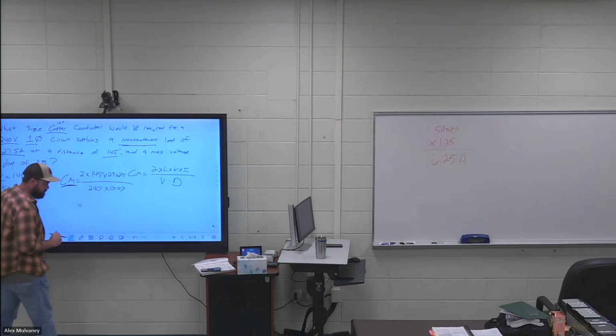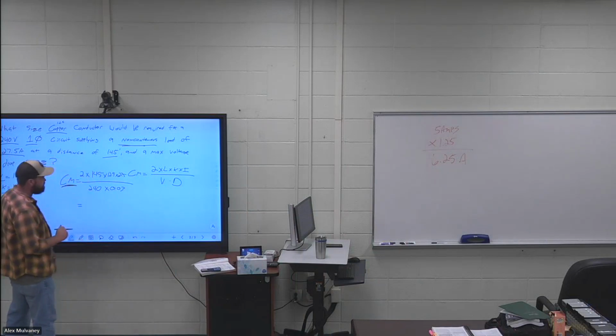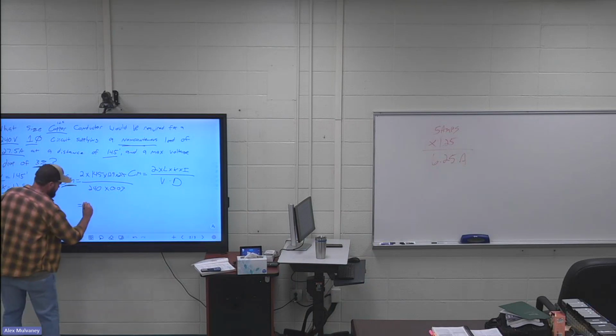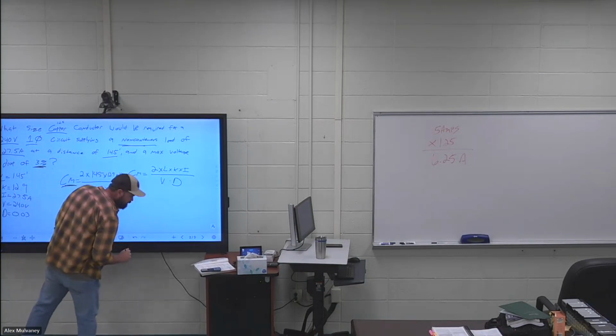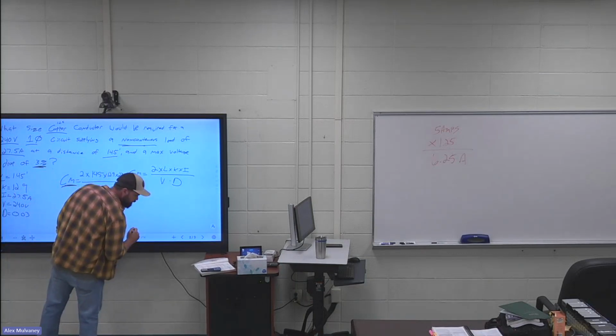What'd y'all get? 12.85. I get something different? Should be way off. I got 14,288.5417. You got 0.5 what? 417.